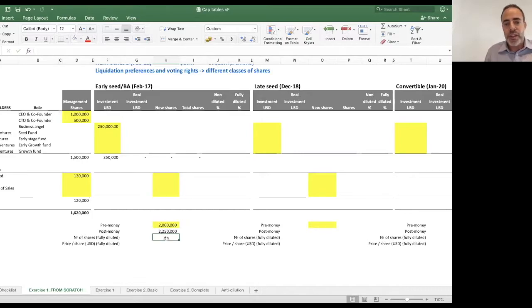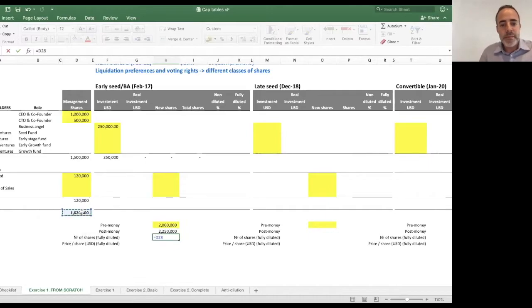The number of shares that I need to use as a denominator is going to be the total diluted shares. Don't take 1.5 million. You have to take 1.62 million because you have to take into account the ESOPs, because they've already been created according to this scenario, okay?